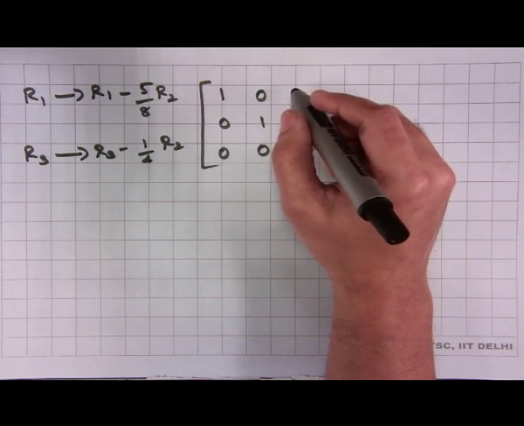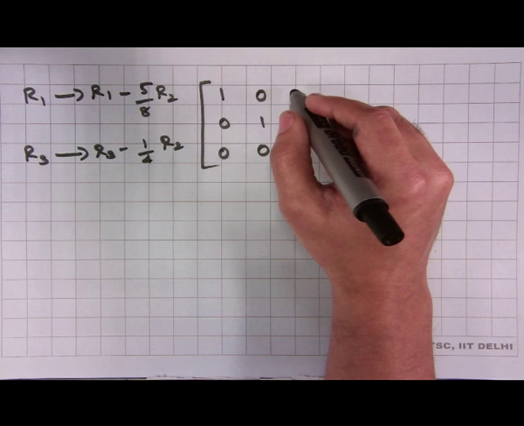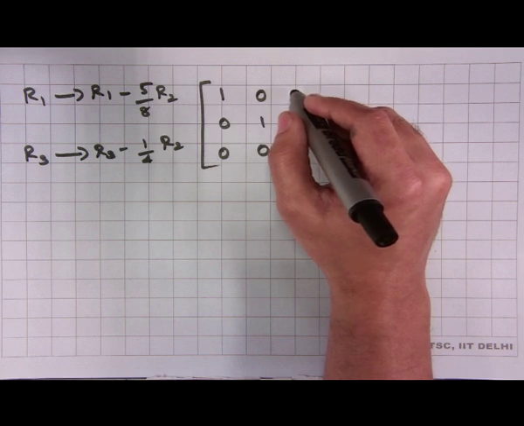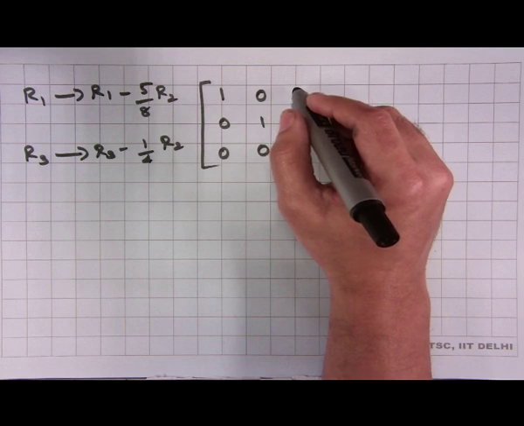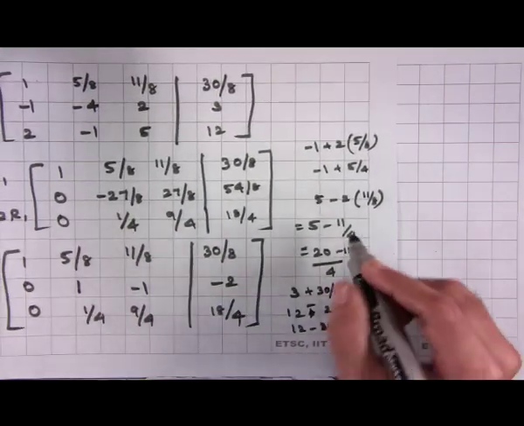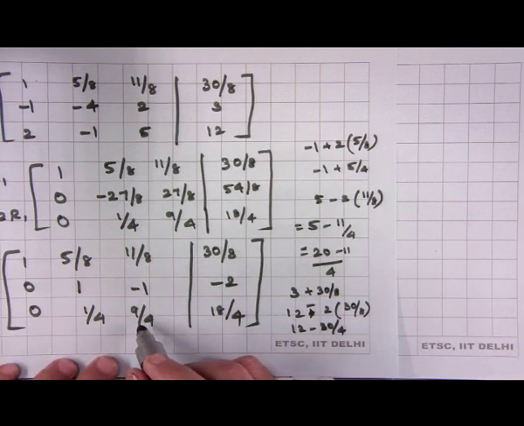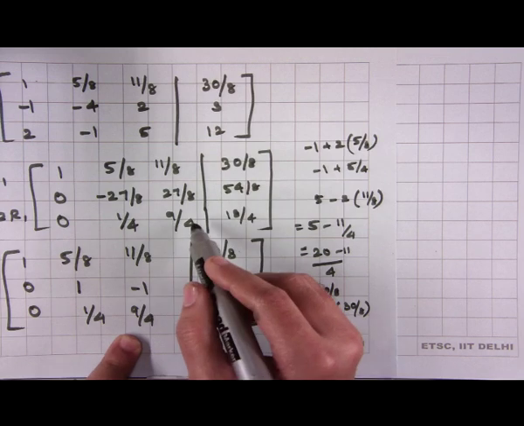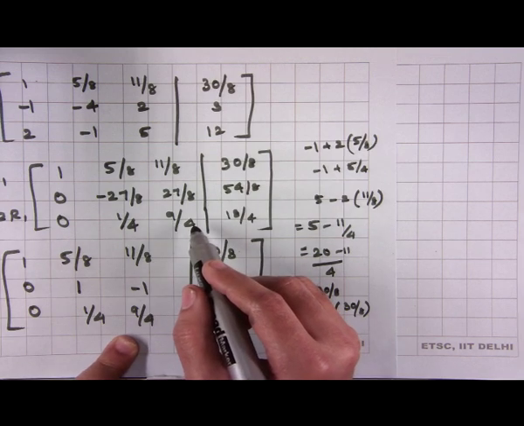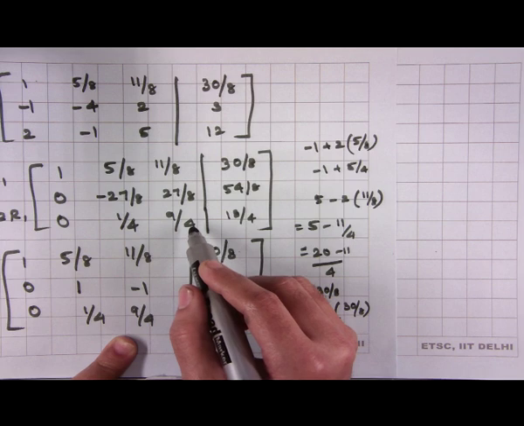The first one is replaced by, is it 9 by 4 or 1 by 4, there is small change. This should not be 9 by 4, this should be 1 by 4, R3 by 2 times R1.